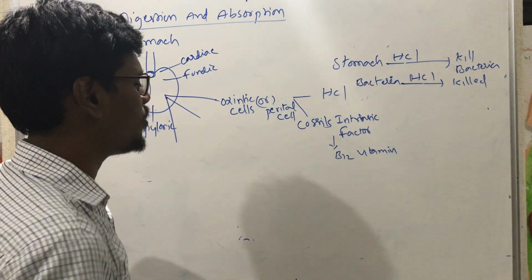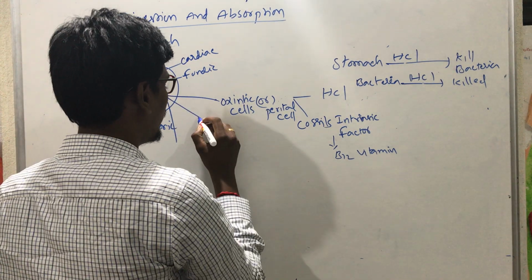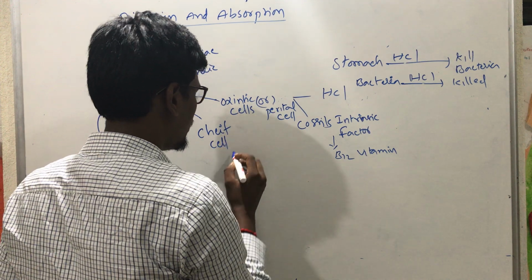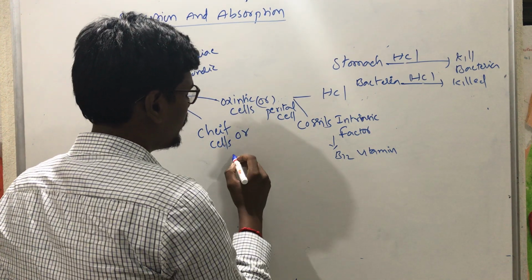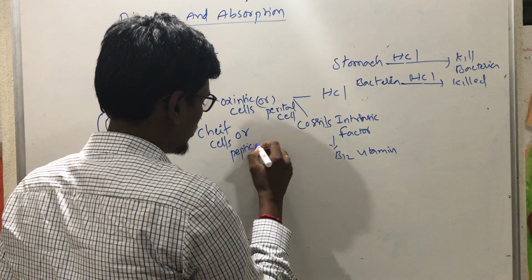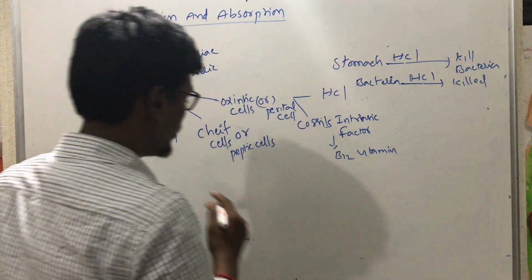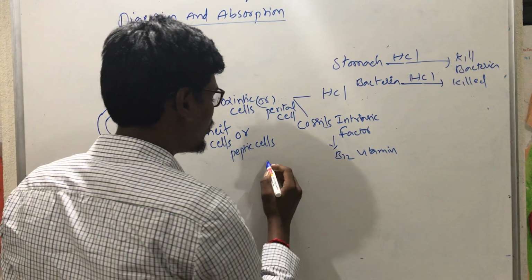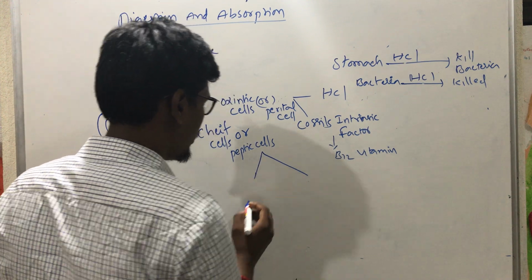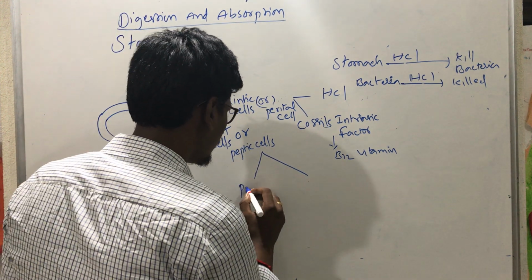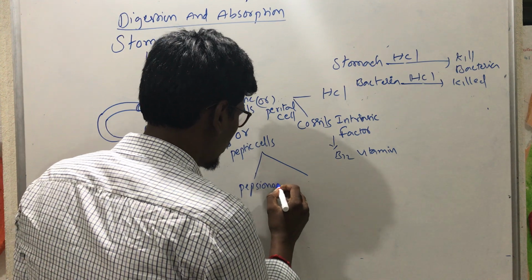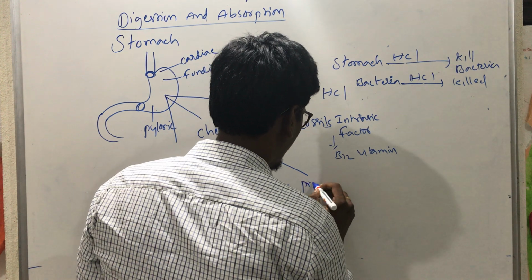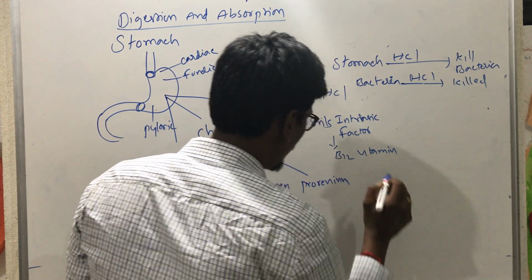Next, one more thing is the chief cells, or peptic cells. These cells release two pro-enzymes: pepsinogen and prorenin.